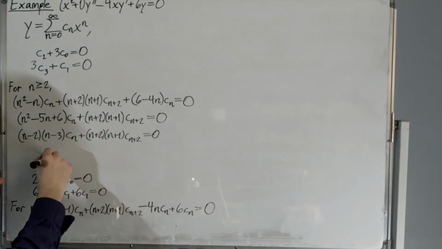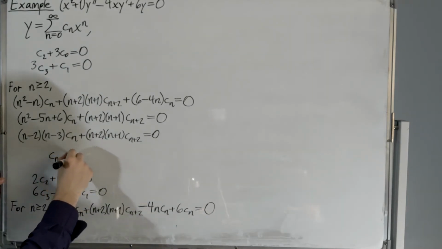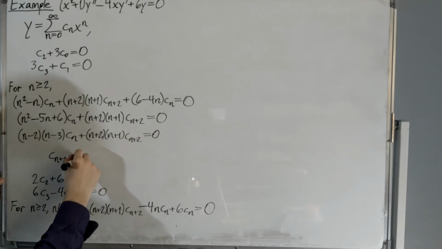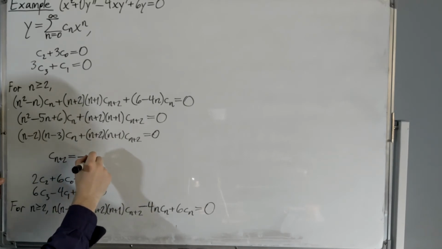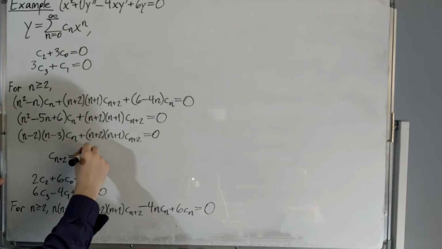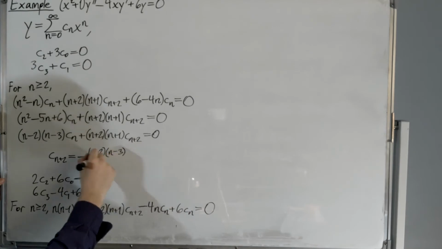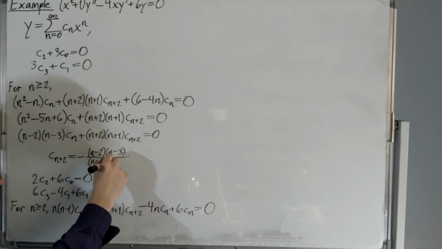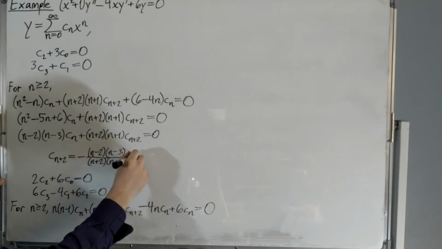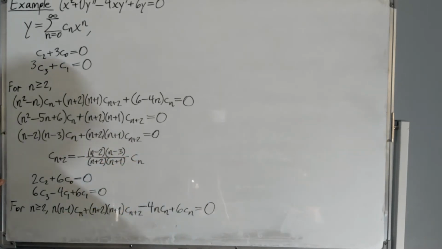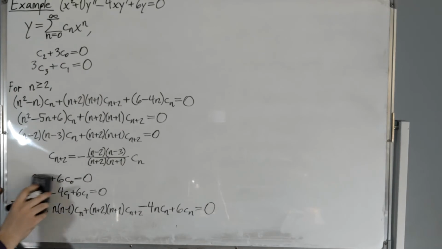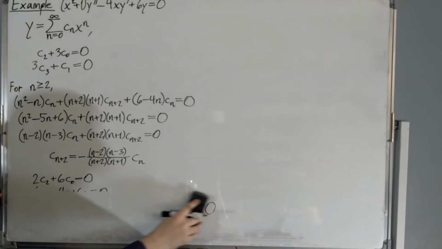And therefore Cn plus 2 equals negative n minus 2, n minus 3 divided by n plus 2, n plus 1 times Cn. And now we no longer need the raw form of the recurrence relation.